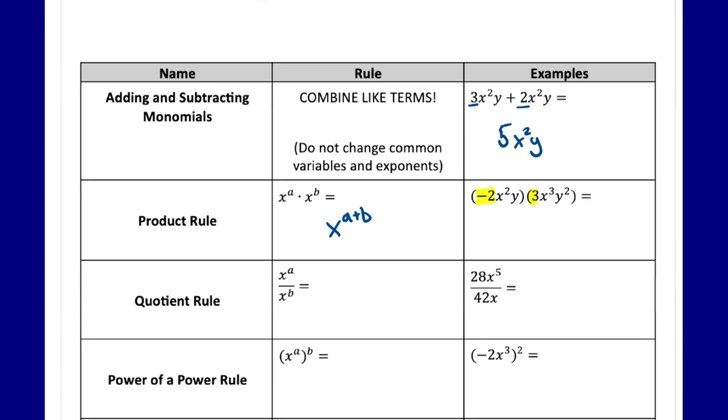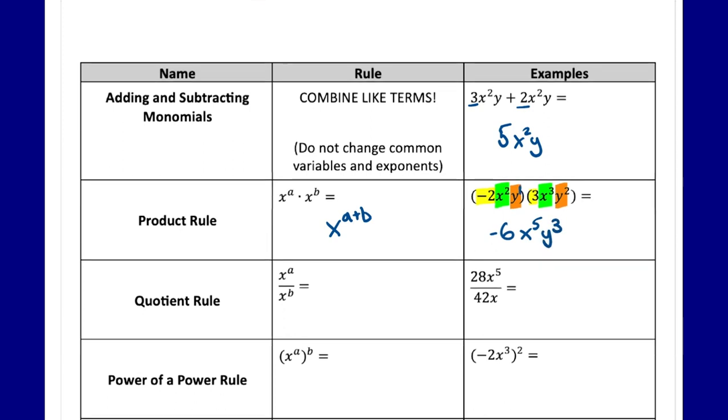So negative 2 times 3 is negative 6. x squared times x cubed, I'm going to add my exponents, so I get x to the power of 5. And then y times y to the power of 2, 2 plus 1 becomes 3. Keep in mind, if I don't see an exponent, I assume it's 1.